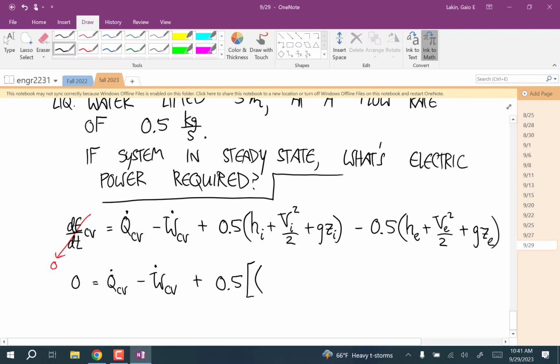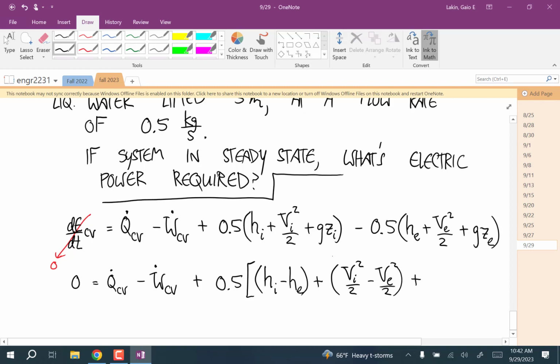Okay, so we have h_i minus h_e plus v_i squared over 2 minus v_e squared over 2 plus g z_i minus g z_e.